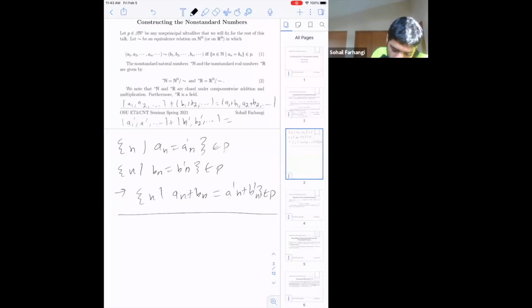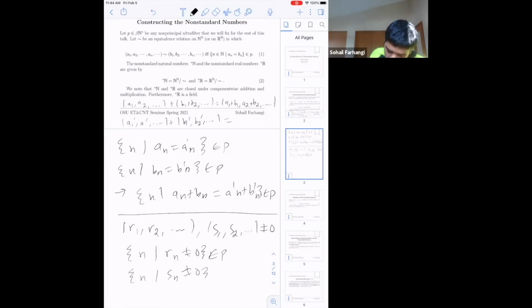We know that if we take two non-zero numbers, since they're not zero, the set of indices for which the components are not zero has to be in the ultrafilter.